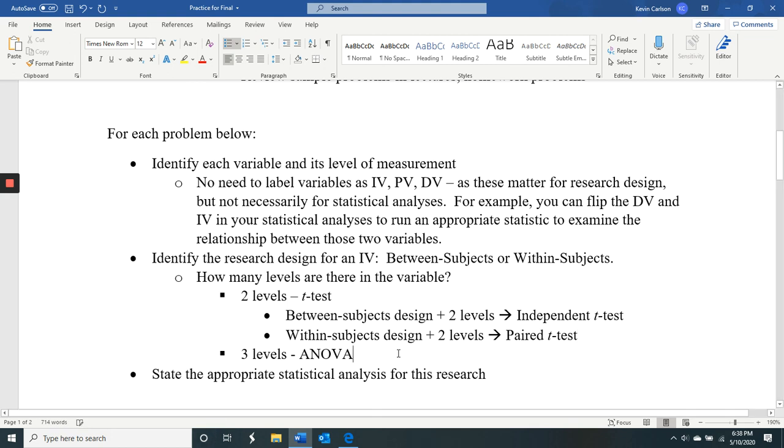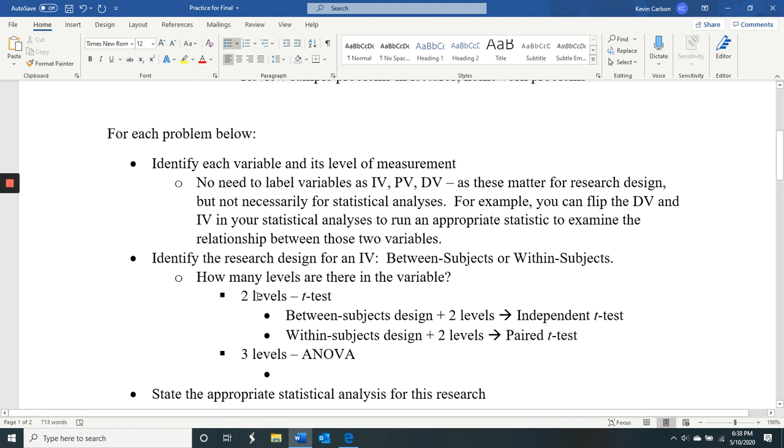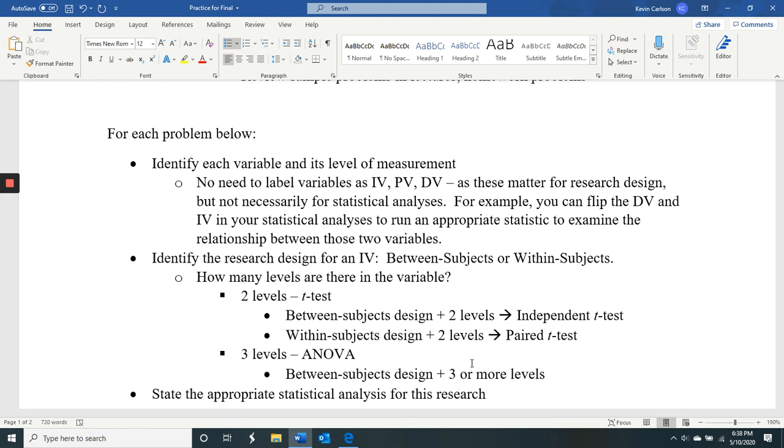For 3 levels, if we have a between subjects design and 3 or more levels, that is a one-way ANOVA.